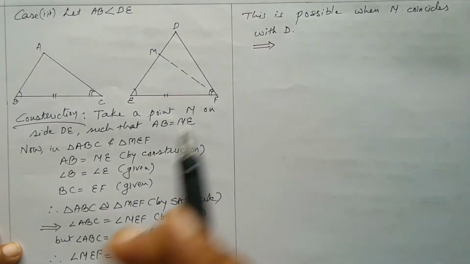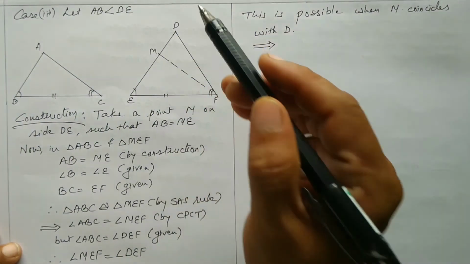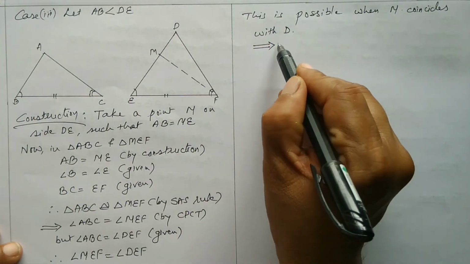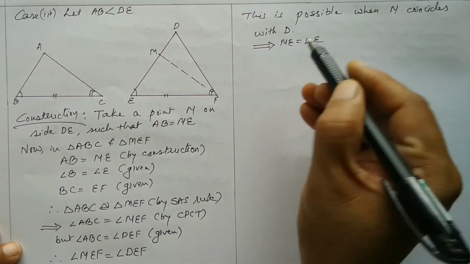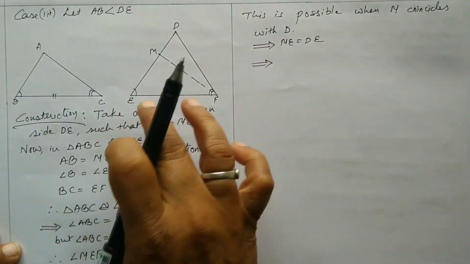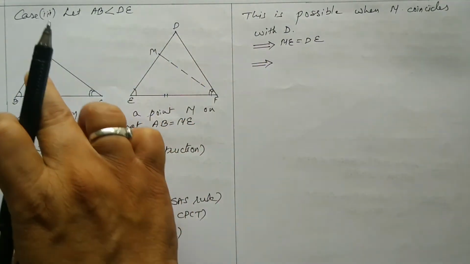So what this implies? It implies that ME and DE are one and the same. It implies that ME is equal to DE. So when you say ME is equal to DE, what is ME? ME is equal to AB, therefore DE is also equal to AB.